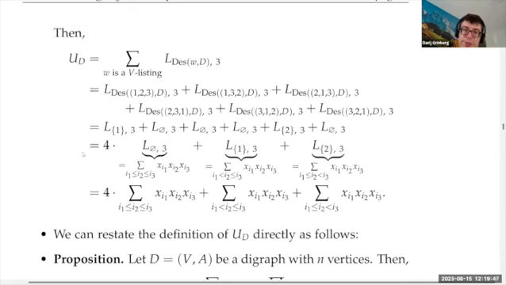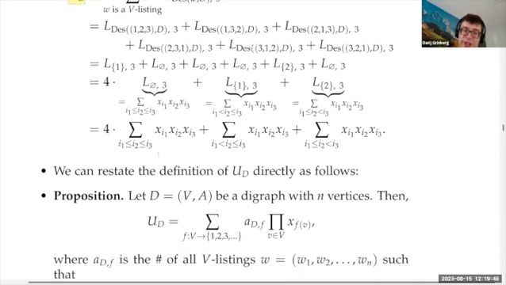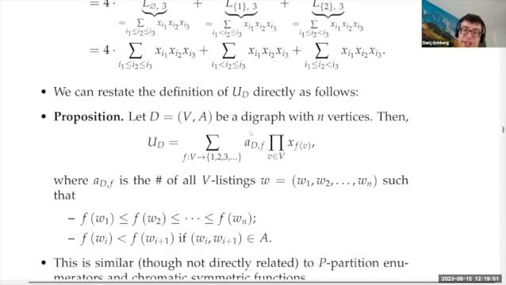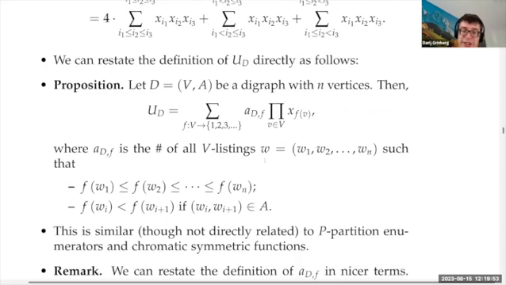Before I move on to further properties of this U_D, let me restate it in a different language. If you don't like the else, here is another way to put it. U_D equals a sum over all functions f from the vertex set to the positive integers. You can think of such a function as a coloring of the graph, but it's not a proper coloring, it's just some coloring. Or alternatively, you can think of it as assigning a level to each vertex.